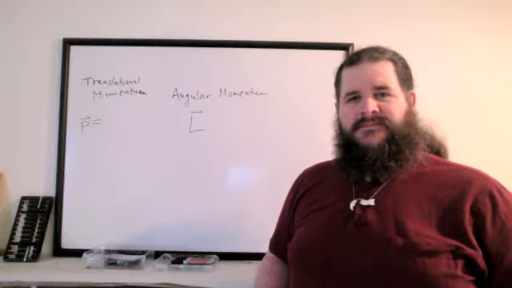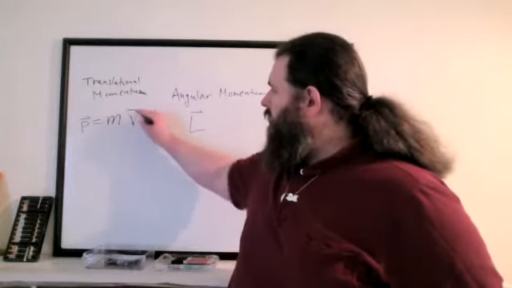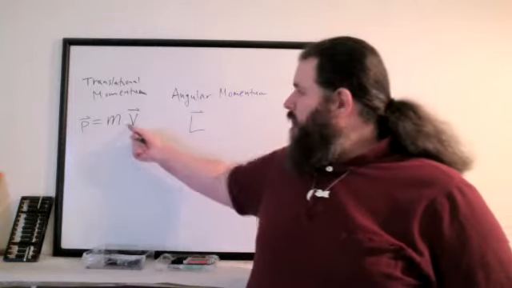Is it just like the mass and velocity of an object? Yeah. Mass of the object times velocity of the object. How fast it's moving, including direction, so this is a vector quantity, multiplied by mass.